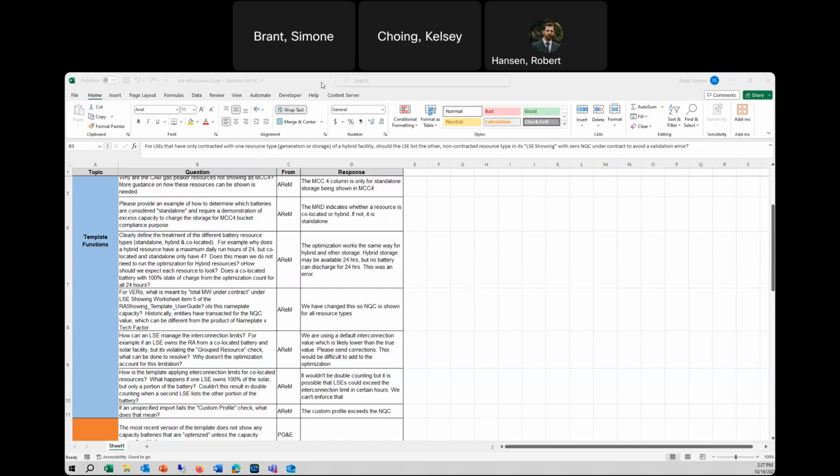In any case, adding the interconnection limits into the optimization itself won't... well, I guess it could change things.